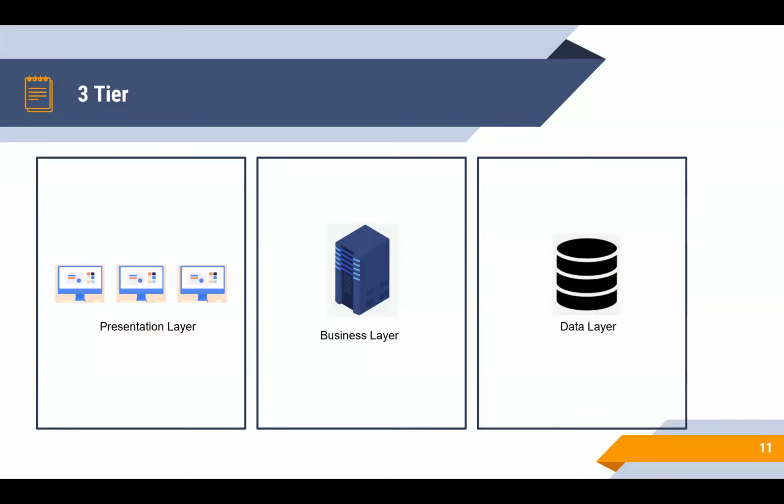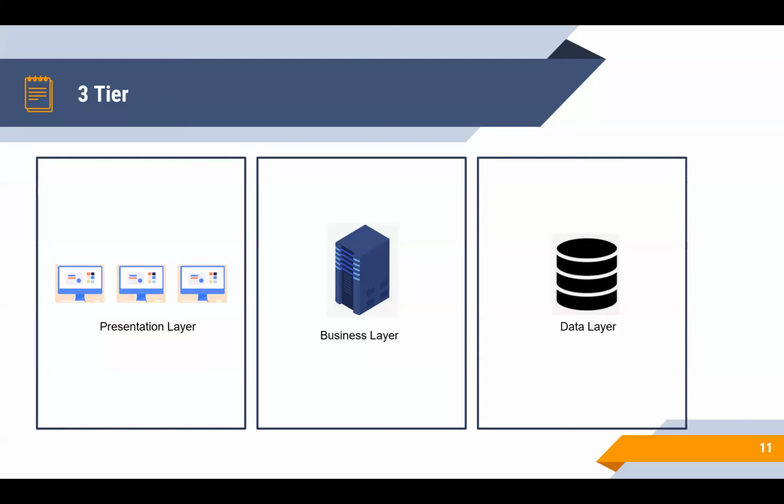Now, after that, coming to the three-tier architecture. This is the most useful architecture because the best thing is everything we are keeping in three different machines, so that all the data, all the things are not kept in one machine.